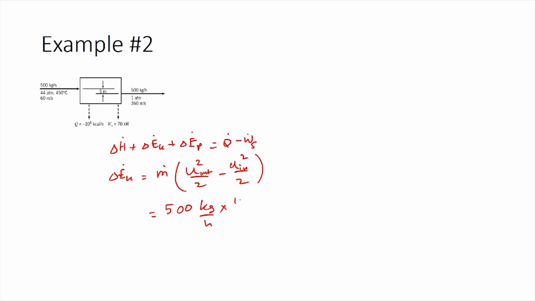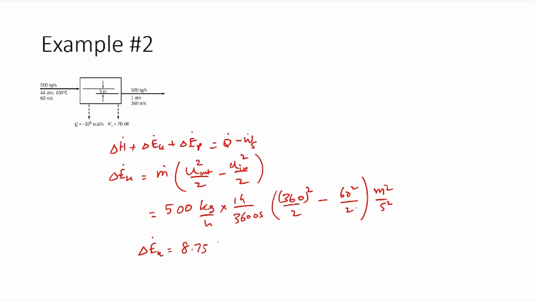So, this would be 1 hour in 3600 seconds times 360 squared divided by 2 minus 60 squared divided by 2, with units of meter squared per second squared for both. Performing these calculations, we get delta Ek dot as 8.75 kilowatts, which is kilojoules per second, represented as kilowatts.